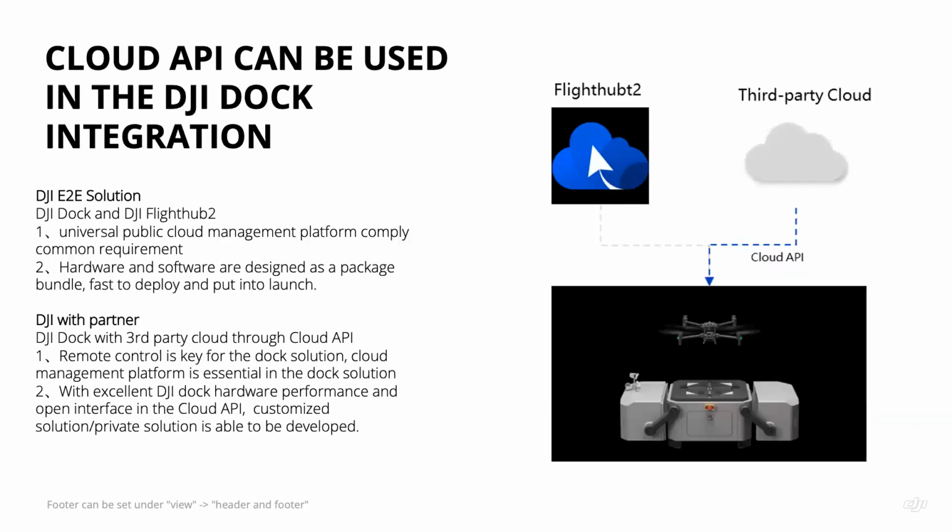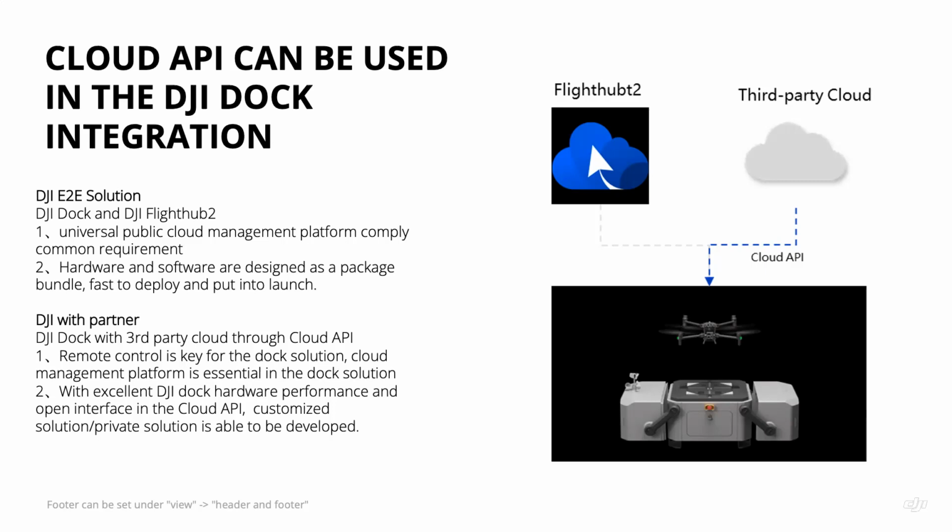We spoke about the dock a bit earlier, but to expand on that, the Cloud API is how third-party developers connect to the dock. Our built solution, Flight Hub 2, allows for basic capabilities, but we're excited to see developers exploring the Cloud API to connect directly to their own platform.